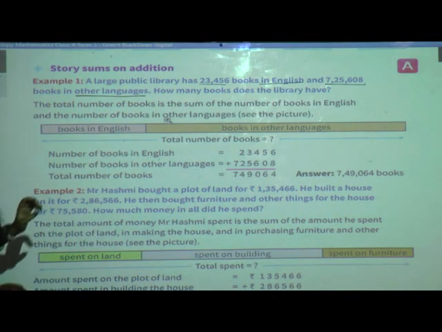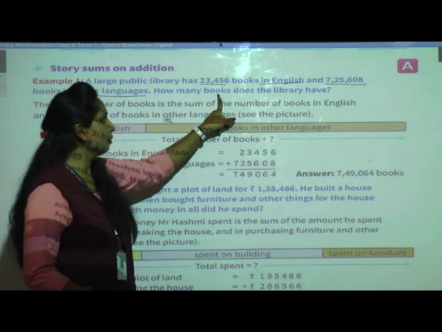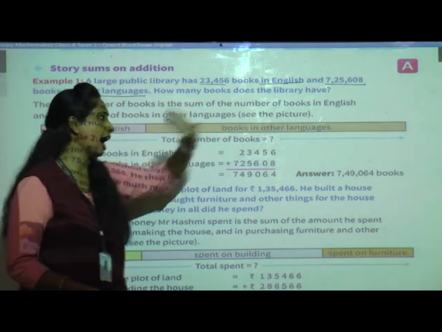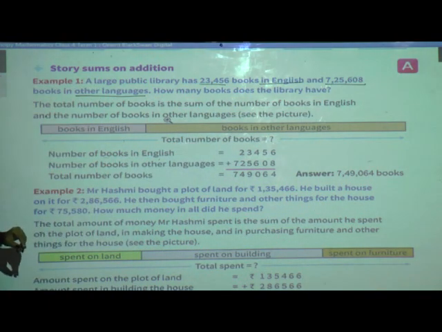So what we have to find out, how many books does the library have? So the total number of books is the sum of the number of books in English and the number of books in other language. Now see this picture.